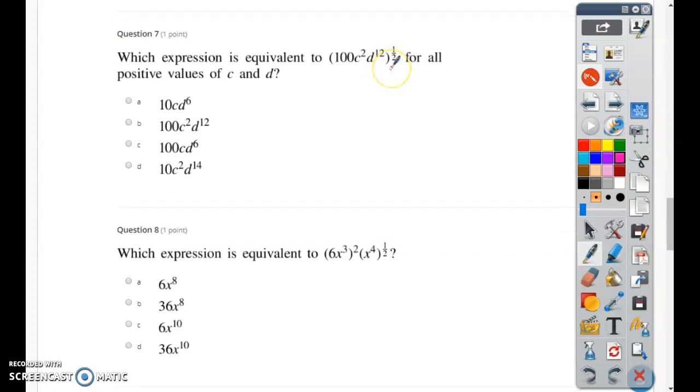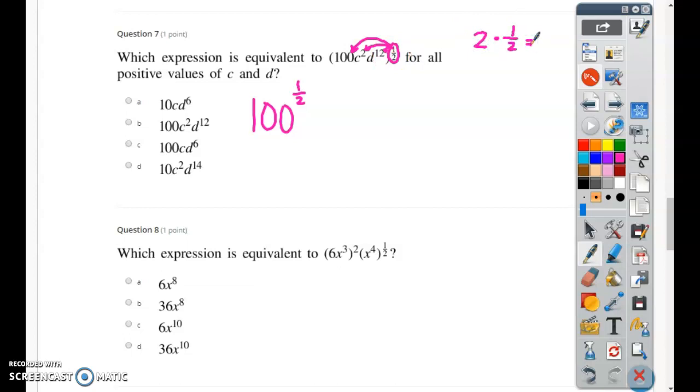Questions 7 and 8, all you have to do is distribute the exponents. So distribute here, and distribute here. So I'm going to have 100 to the 1/2 power. I'm going to have 2 times 1/2, because the exponents, you have to multiply them. So what's 2 times 1/2?